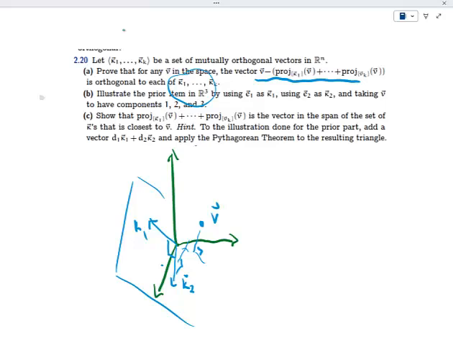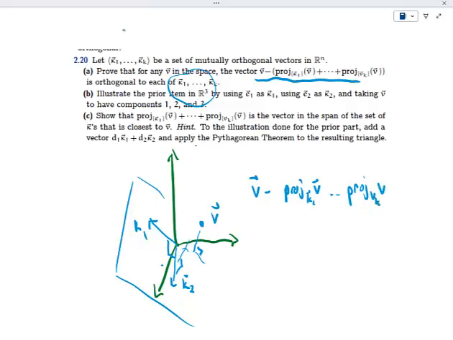Okay. All right, now suppose I take this vector V minus the projection, and I want to show it's orthogonal to each vector K1 through Kn. Okay, so suppose I take V minus proj K1 V, minus proj K2 V, and so on, minus proj Kk of V. That's a kappa, not a K actually.